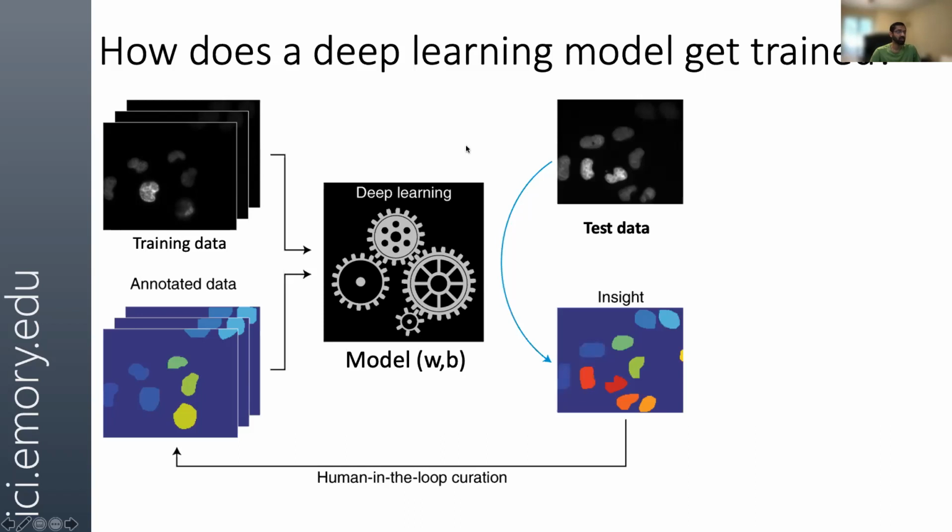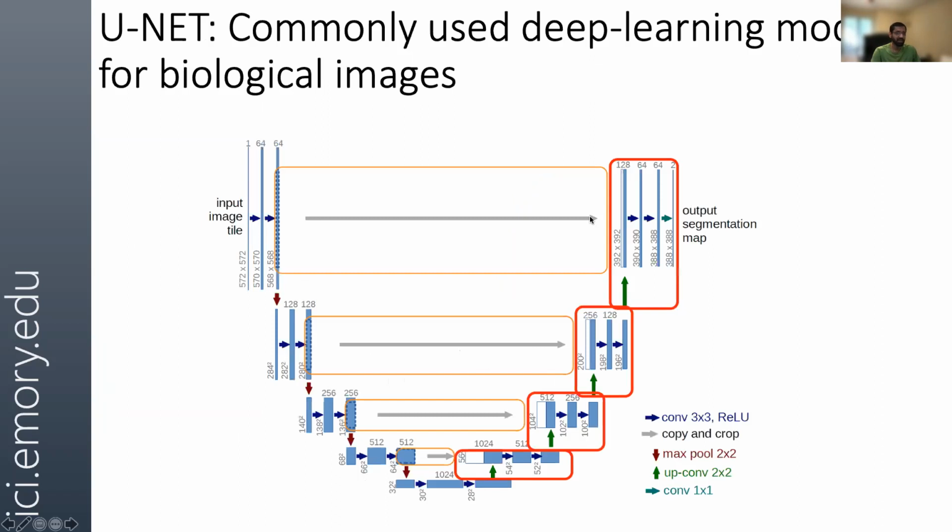So from that, you will get an output, and then you use your test data to see if this model is working or not. If it's not working, you go in and tweak these weights and biases till you get a satisfactory result. Now, when I say satisfactory, it's not simply about me looking at it and saying, okay, I'm happy with it, right? There has to be a way of figuring out whether it's satisfactory or not.